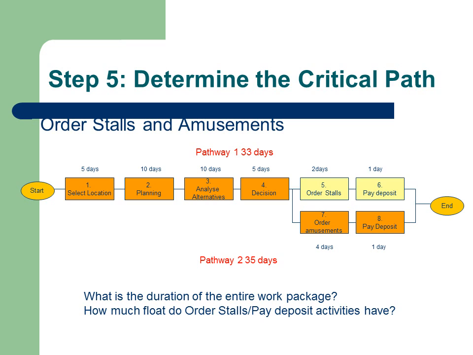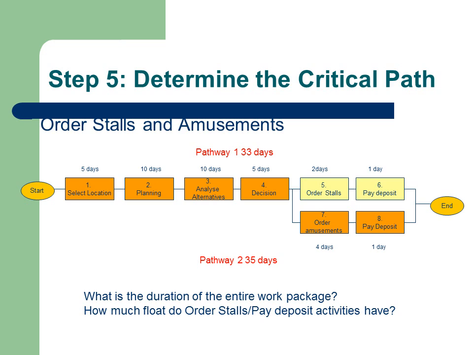The project cannot be done any quicker than 35 days, therefore this is the critical path. If any of the activities on pathway 2 are delayed, then the whole project will be delayed. However, activities 5 and 6 in pathway 1 have a total of 2 days float.